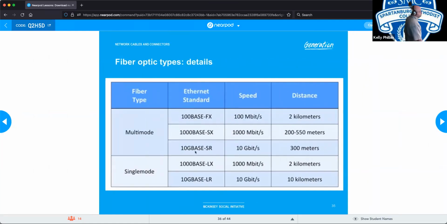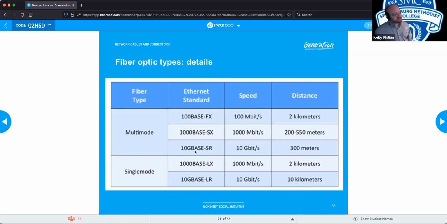All right. So here's your fiber optic types and details. We have our multi-mode, which is the Ethernet standard, 100BASE-FX, 1000BASE-SX, and 10GBASE-SR.